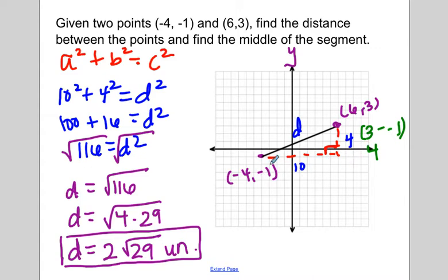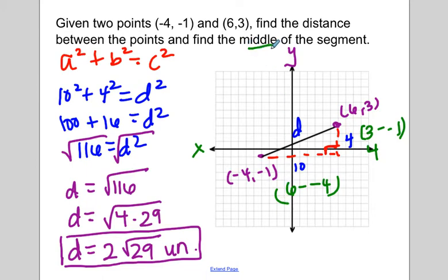The way I can get 10 without having to actually draw it and count it out is to use my x values, because this is my x-axis. I would do 6 minus -4, which gives me 10. So there is a formula, and we're going to look at it in a second, but that's where those numbers come from. It's finding the distance between these two. 3 minus -1 gives me how far the y's change, and then the same thing with my x's.